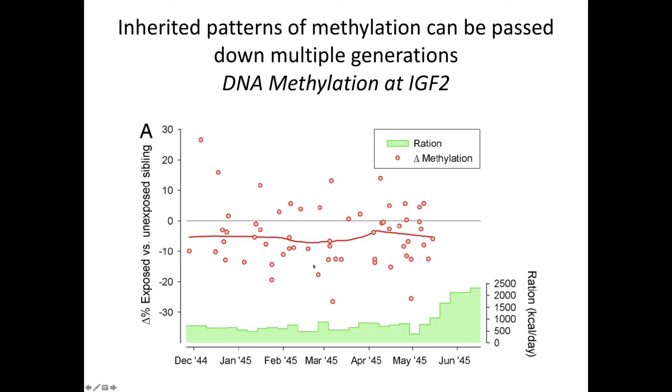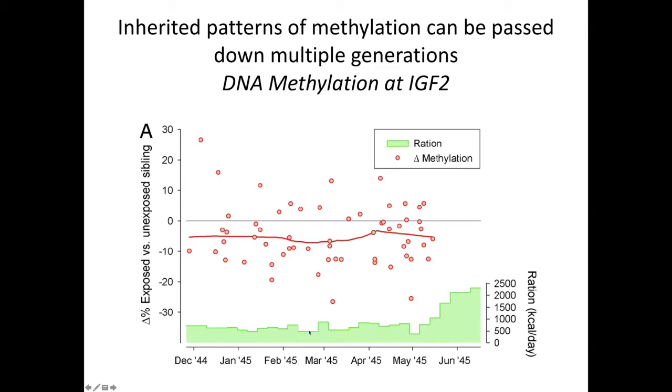And so one can actually see the ration of calories per day that were provided. From December 1944 all the way up to spring 1945, about 6 months, the amount of calories per day that people were being provided was between 500 and 1,000 calories per day.